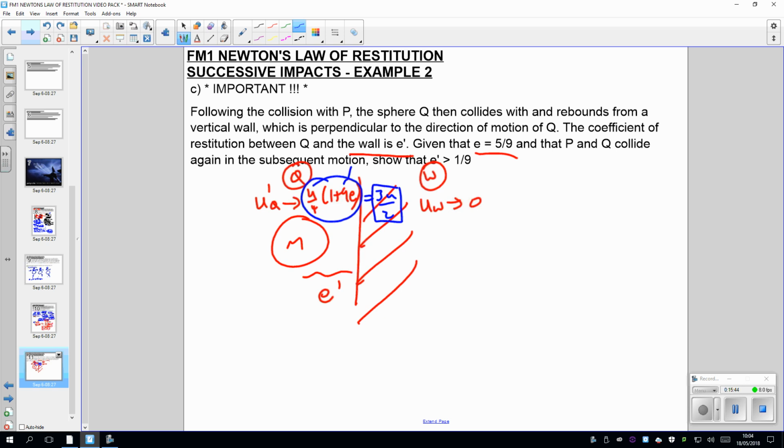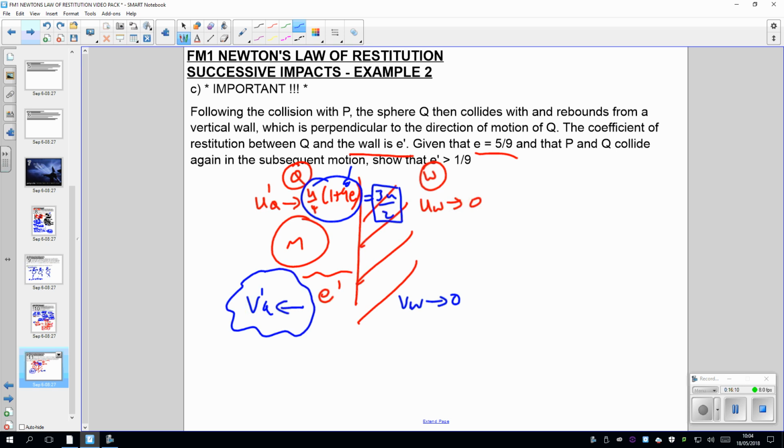Just whack in 5/9 for E, the 9's cancel, and you get 3U/2. Wicked. Now, what's going to happen, VQ? Obviously, VQ prime is going to rebound. It's going to go to the left, isn't it? It doesn't matter whether I assume it goes right or left, as long as I'm consistent with my arrows and my notation.